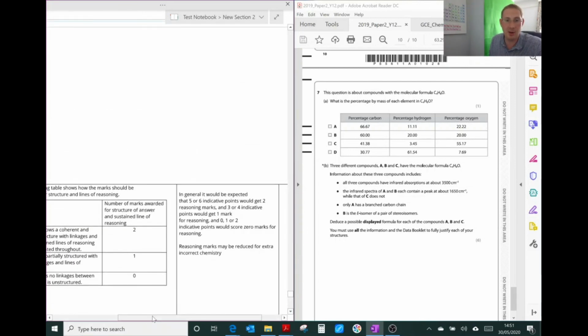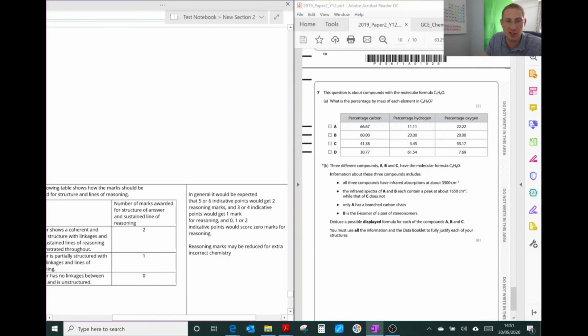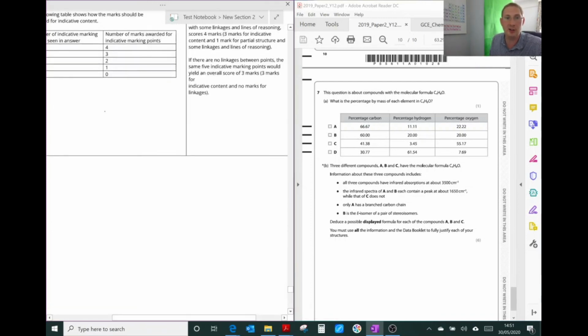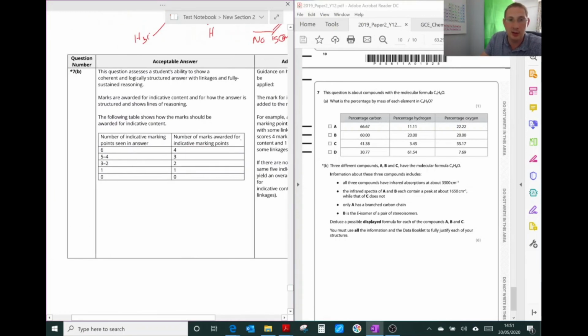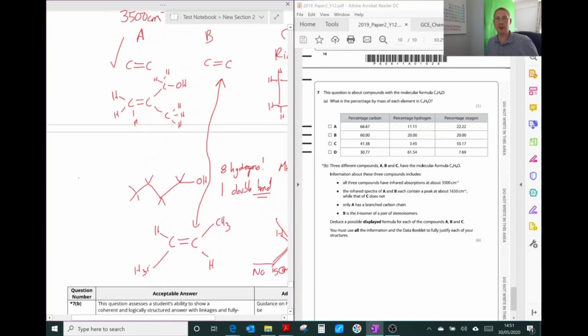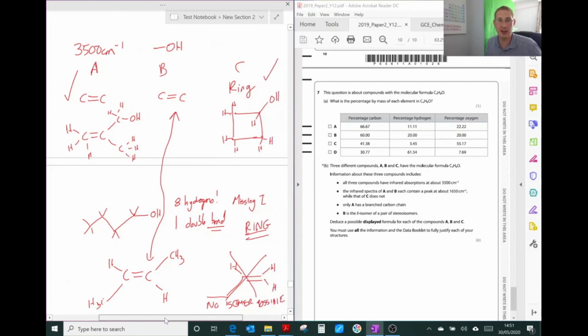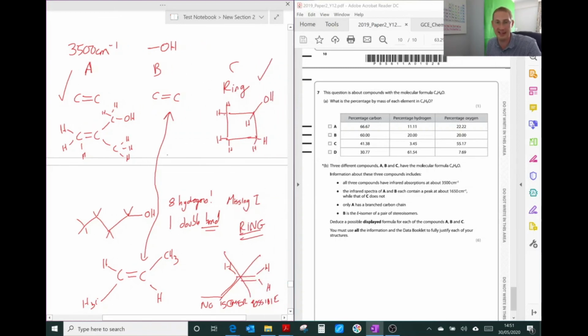I reckon I was partially structured in my answer, so I got 1 mark and I got 5 of the indicative points, so I would have got 3 of the marking points, so therefore I would have got 4 out of 6 for that because I didn't specifically explain everything, and I forgot the OH group on here.